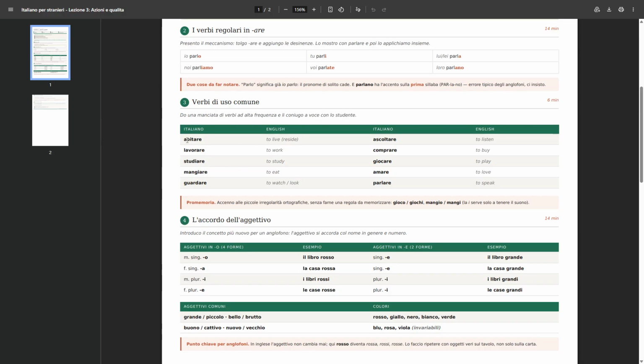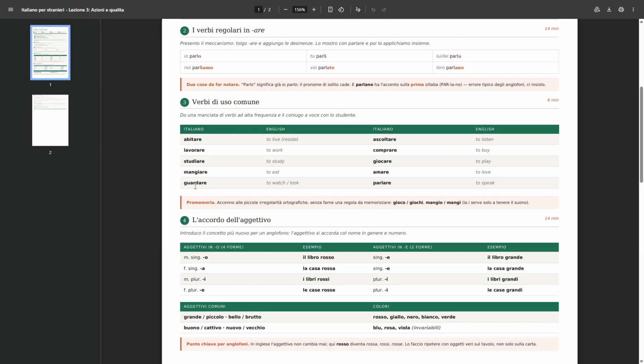So abitare, we have said, is to live, to reside. Lavorare is to work. Then we have studiare, which is self-explanatory, very similar to English: to study. Mangiare, you're probably going to use a lot since we are talking about Italian, is to eat. Then guardare means to watch, to look.